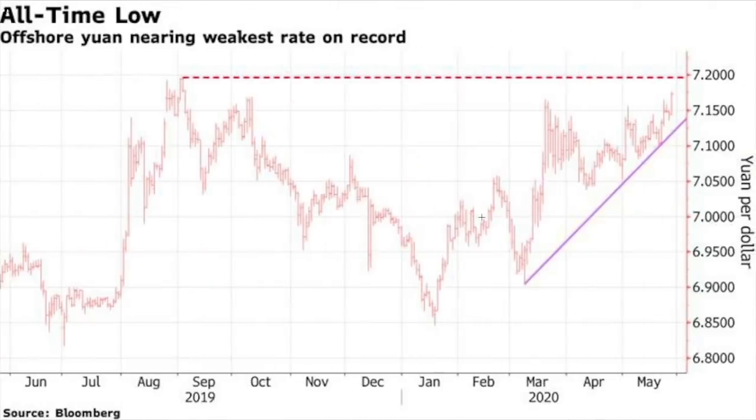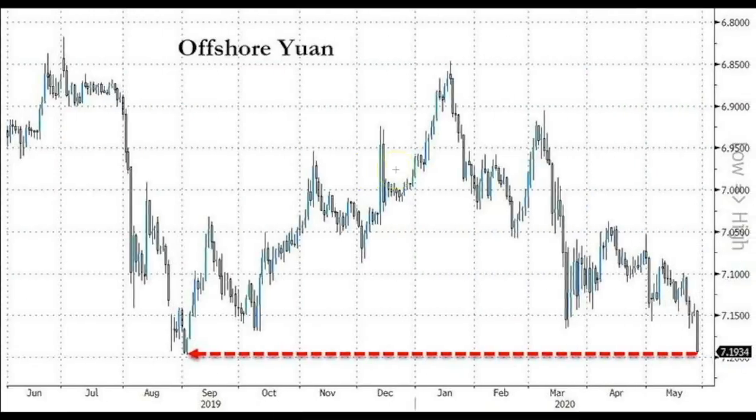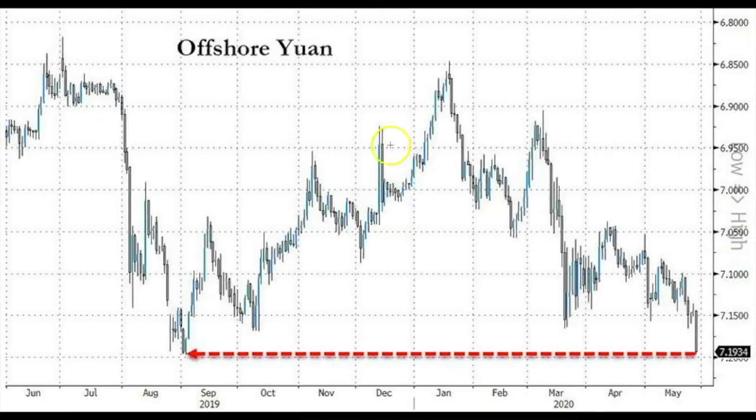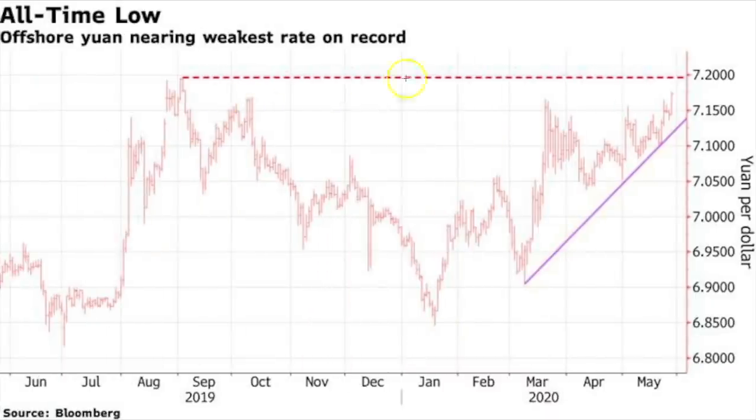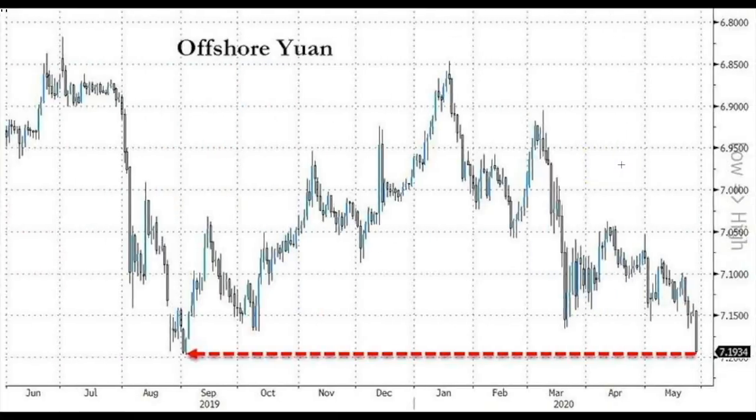There are risks. Looking over here at the offshore yuan, this is the Chinese currency. You could see that it is rising. This is a clearer chart over here. This is the reverse. Looking over here, you could see it's on the verge of losing this support, right? That's resistance on the upside, breaking above 7.2. That could really send some shocks through the system if this is to occur.